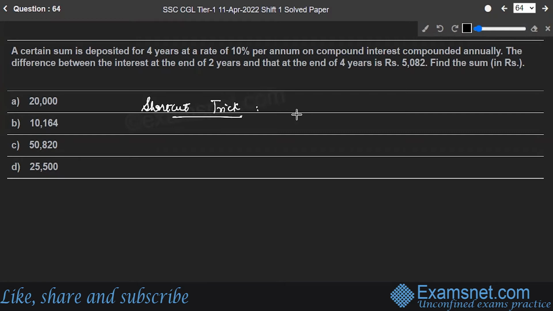See, if you are having a person A and a person B, the successive interest of A and B is given by A plus B plus AB upon 100%.